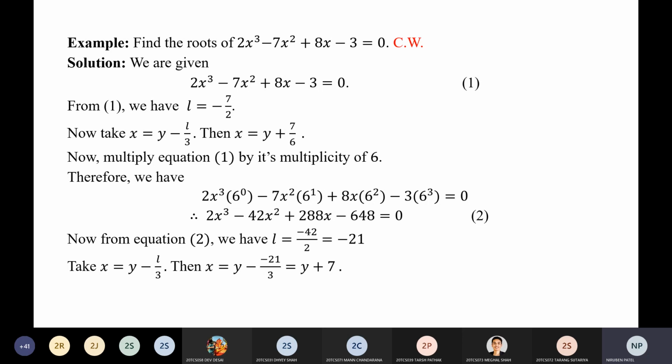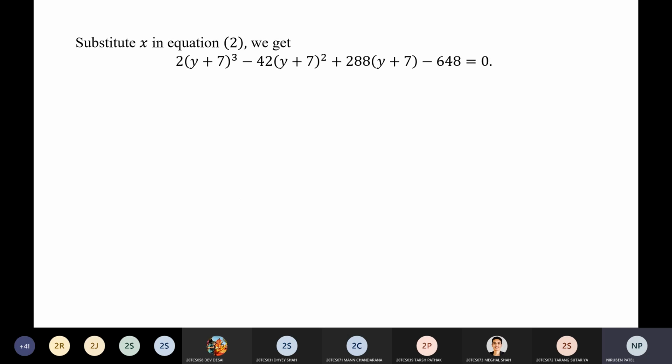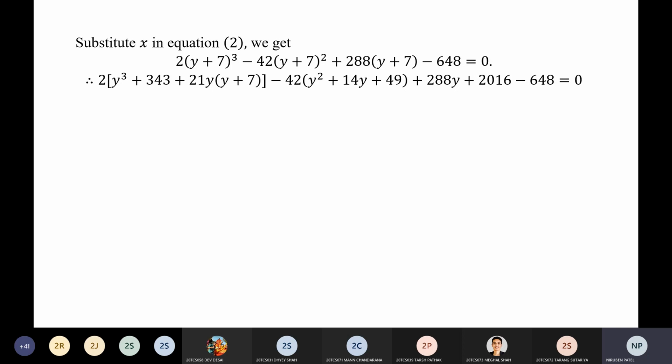Is it done? Yes, ma'am. Okay. So now by the substitution of this x equal to y plus 7 in equation 1, we have another equation in cubic form. So what is the equation here, beta?